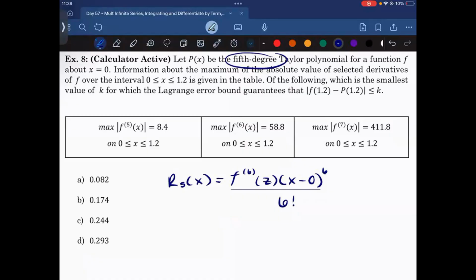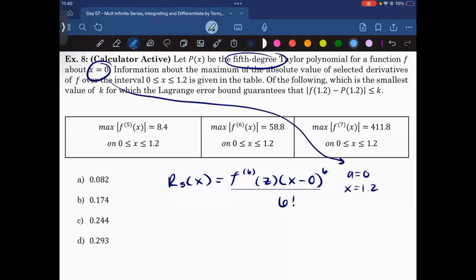So just looking at the next term for that one, we are given a equals 0, x equals 1.2. So these are two different things, right? Revolving around it, that's why it's 0. So it's technically a Maclaurin series.